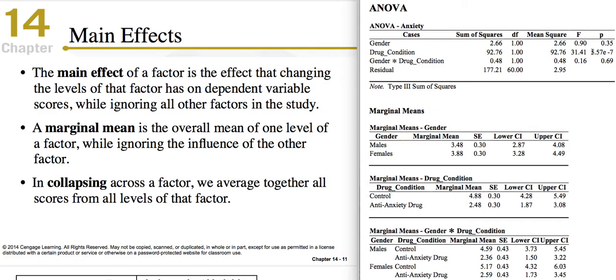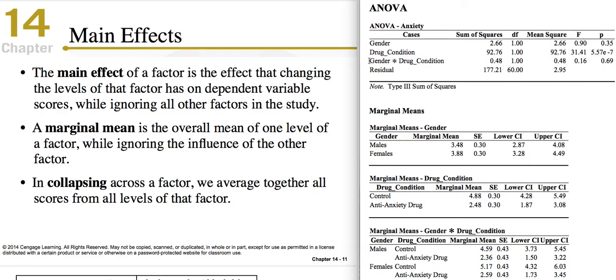We're going to reject the null hypothesis, accepting the alternative hypothesis that the differences between 4.88 and 2.48 are in fact significant. So we have a significant main effect for drug condition.